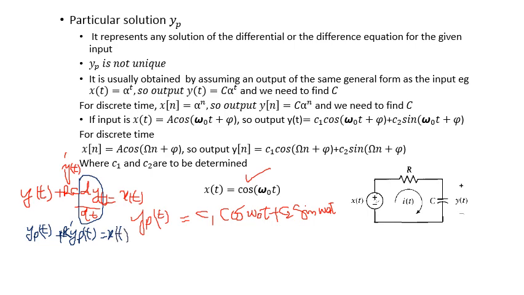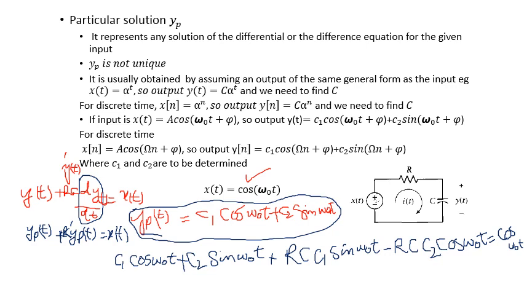So if I replace y p of t by this value, that is c1 cos omega naught t plus c2 sin omega naught t, I have put the values here. So you see that this is y p of t plus RC times the derivative of y p of t equals x of t.